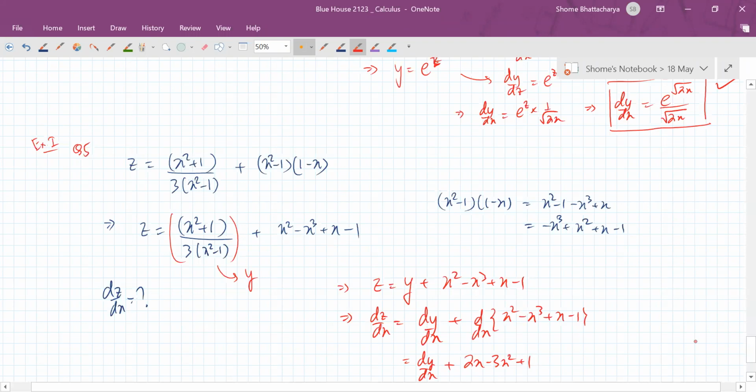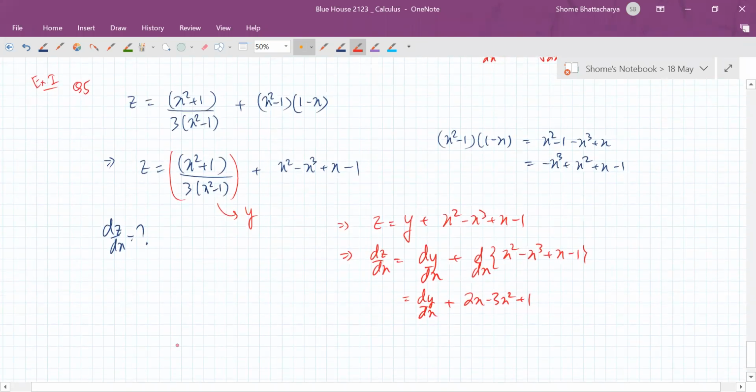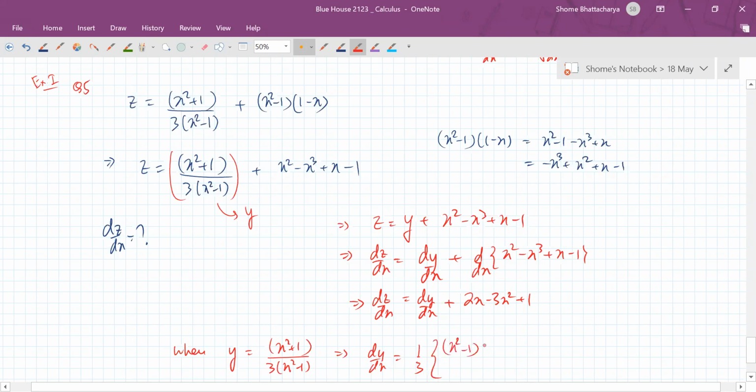Now let's find dy by dx, and for that we can just use the quotient rule. So take 1 by 3 outside and apply the quotient rule. So denominator multiplied by differential of numerator minus numerator into differential of denominator divided by the denominator whole square.